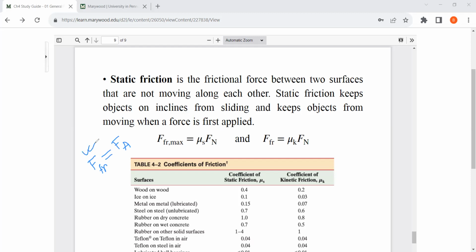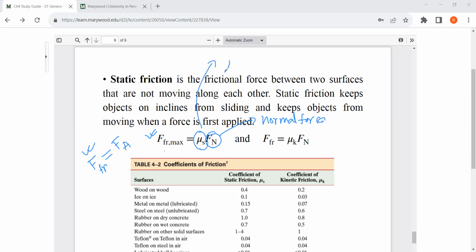Once we reach the maximum limit of the static friction, the definition of the maximum limit of the static friction is this one: mu s times Fn. If you remember, Fn is the normal force. I'm going to talk a little bit about this.